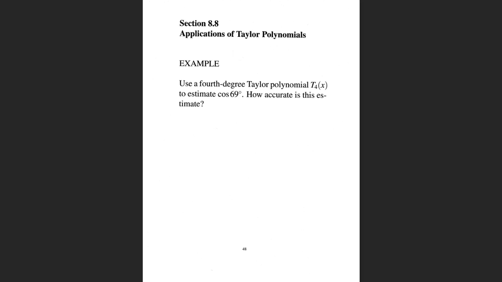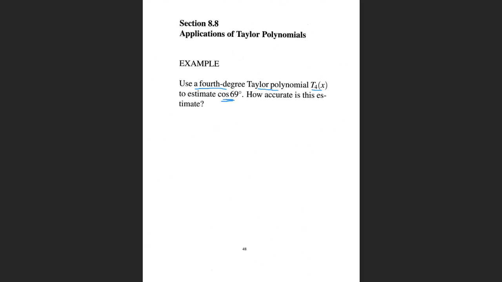Okay, so let's see what we have here in this problem. This time we're going to use a fourth degree Taylor polynomial, which we would denote as T sub 4 of x, to estimate the cosine of 69 degrees.